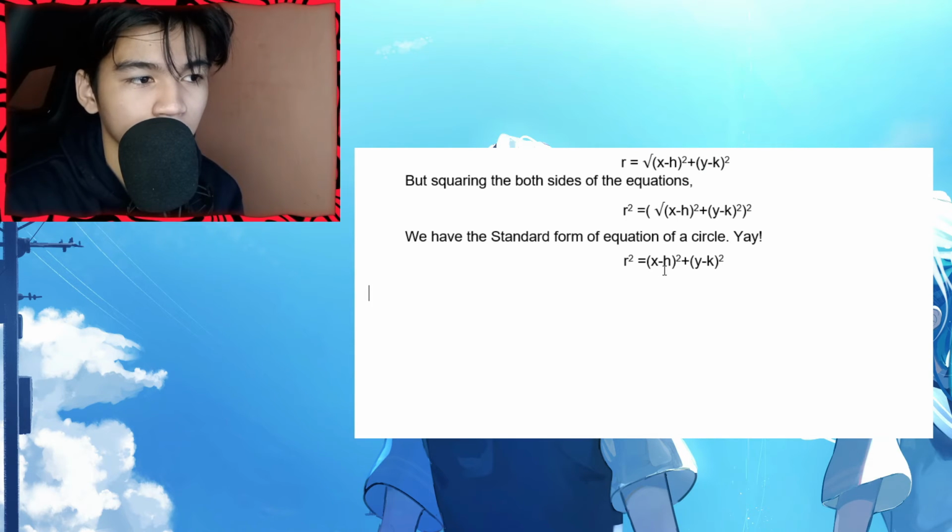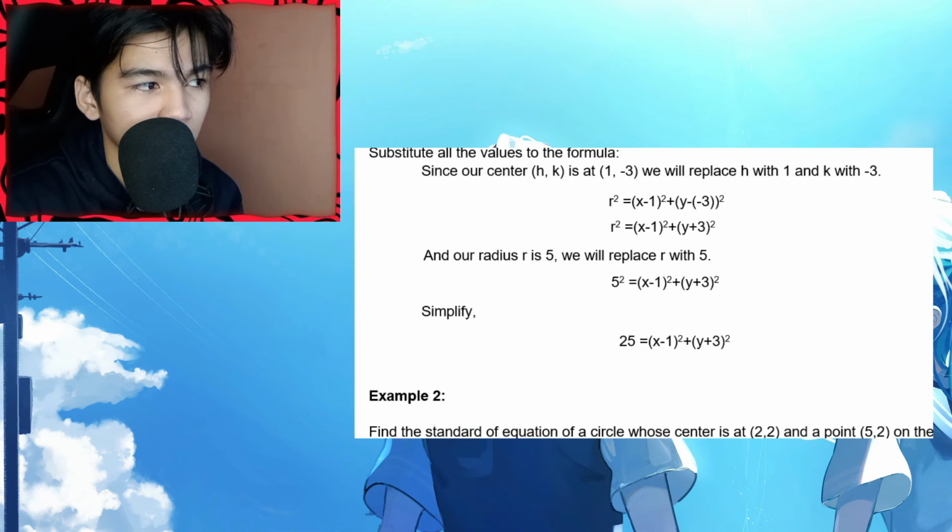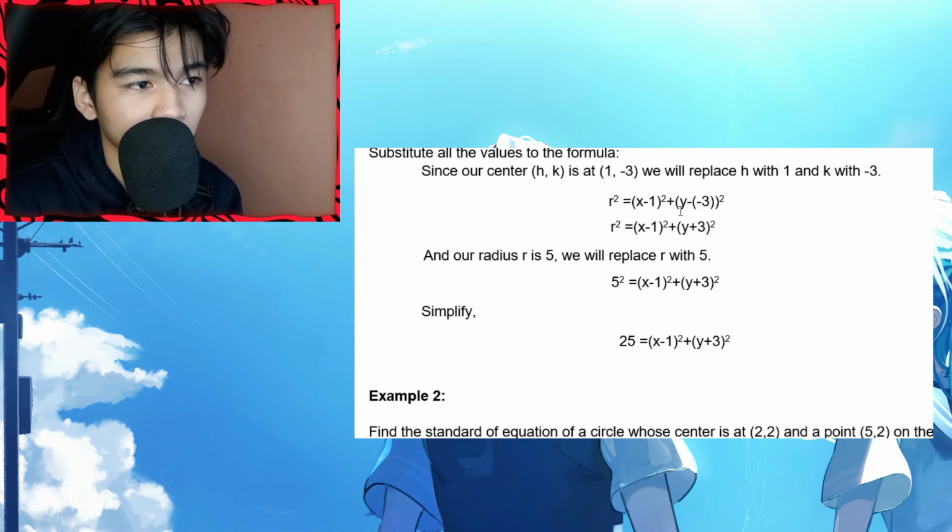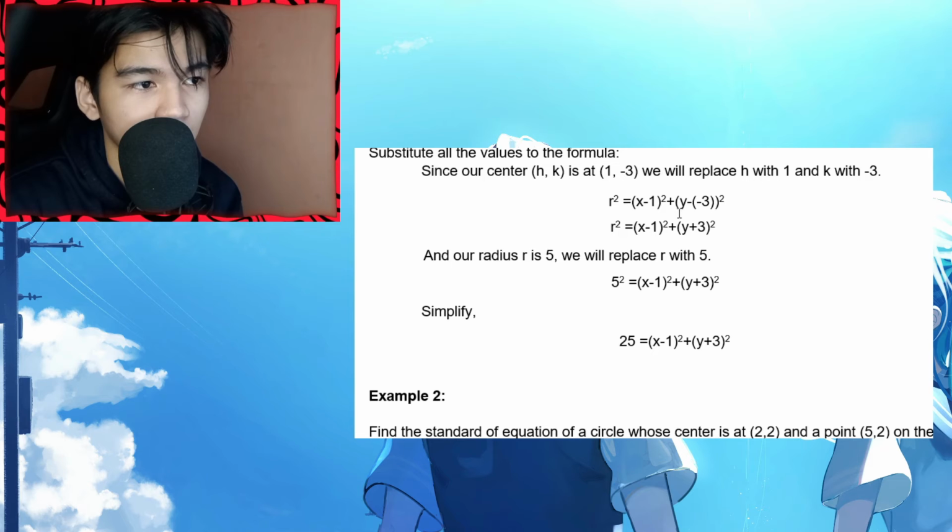So what you're going to replace is the h and the k. So it will become r squared equals x minus 1 squared plus y minus negative 3 squared. Since negative multiplied by negative is positive, it will become r squared equals x minus 1 squared plus y plus 3 squared.